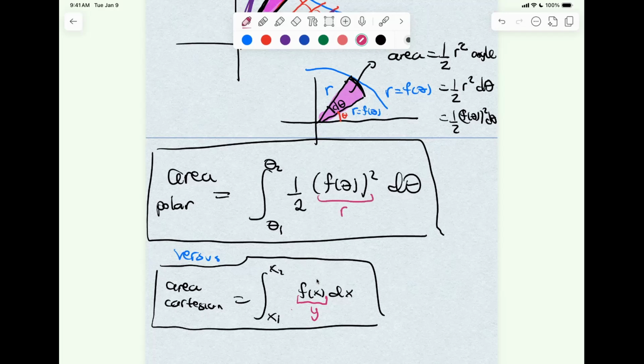So this becomes r squared, which has units of area. And d theta has no units because it's radians. Radians aren't really units, they're dimensionless. So even if the entire derivation doesn't make a lot of sense, at least this explains why you do need to square it so that the units come out to be the correct ones.